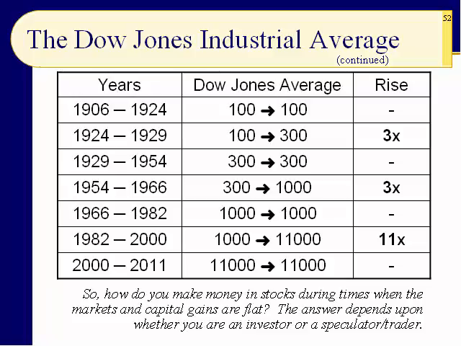So folks, how do you make money in stocks during times when the markets and the capital gains are flat? Well, it depends. The answer depends upon whether you're an investor or a speculator/trader.